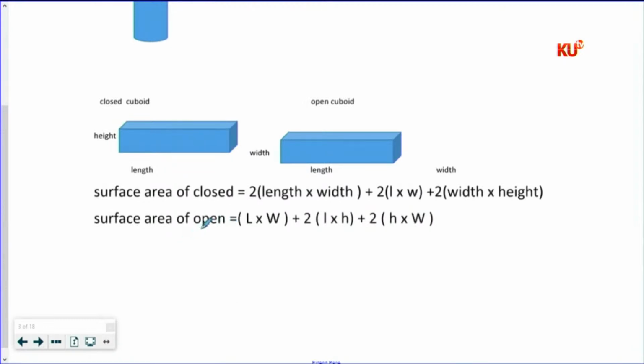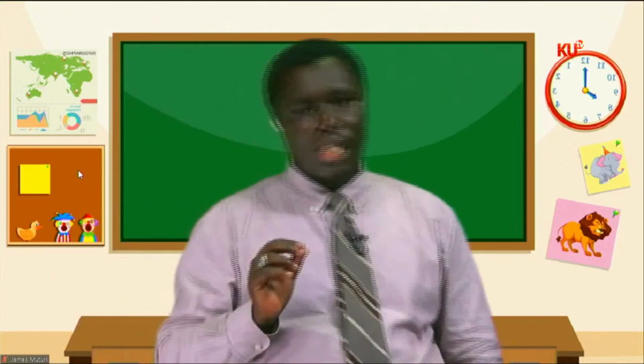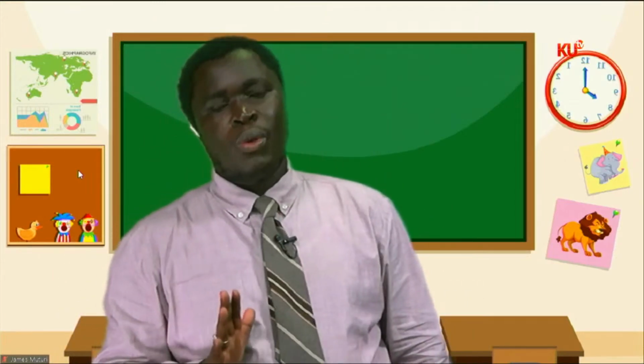And we have the initials as we use. Surface area is equal to 2 into length times width, plus 2 into length times height, that is for this one and this one, plus 2 into width times height. That is all about a closed cuboid.